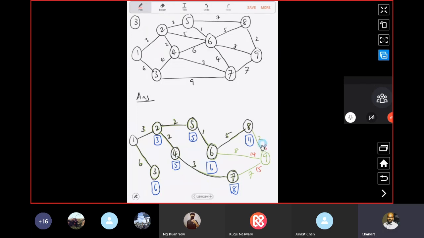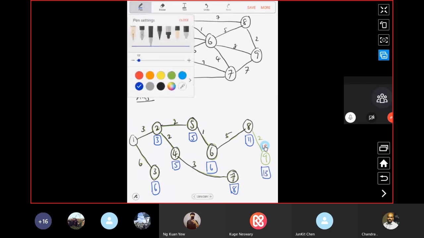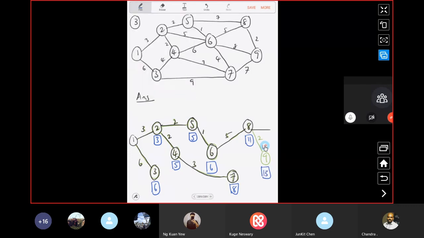So 13 is the shortest. I will erase this one. So this would be the shortest route answer for the third question.